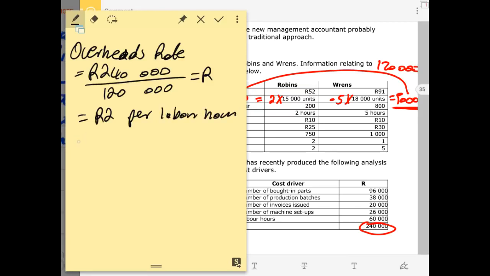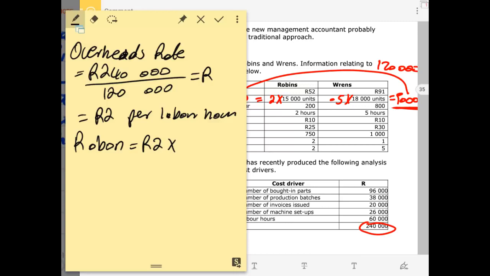And this is 2 rand per labor hour. Then we need to allocate to product Robben. Our overhead cost per unit will be 2 rand times the number of hours that are needed to complete 1 unit.